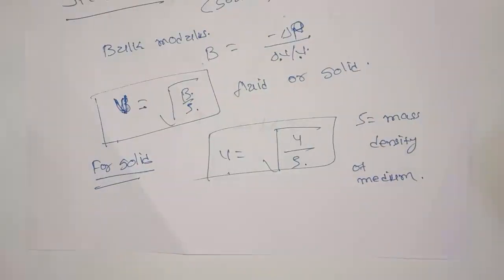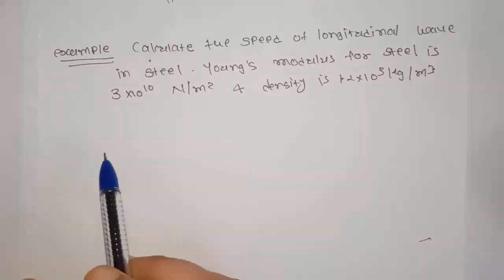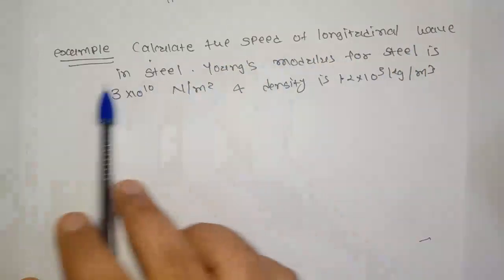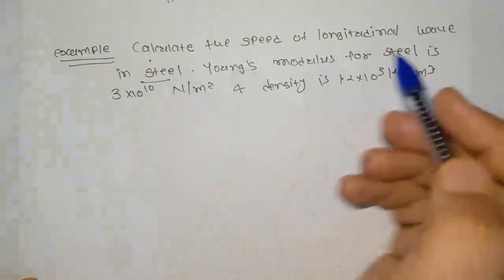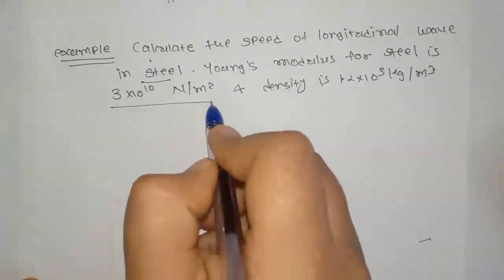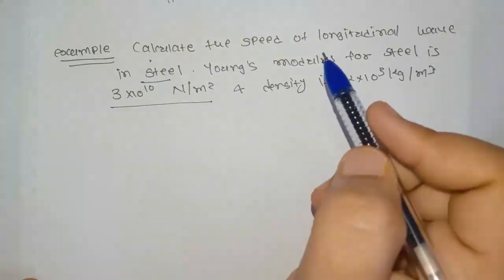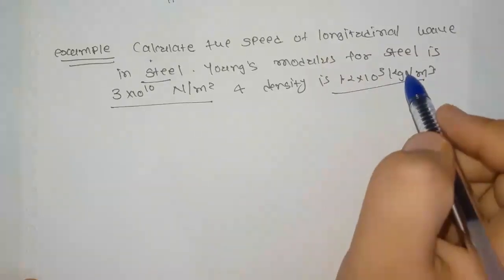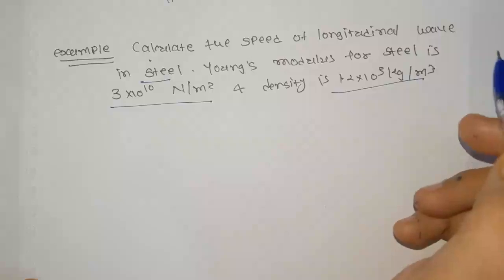Let us see one example based on this formula. Calculate the speed of longitudinal wave in steel. Given Young's modulus for steel is 3 into 10 power 10 Newton per meter square and the density is 1.2 into 10 power 3 kg per meter cube.